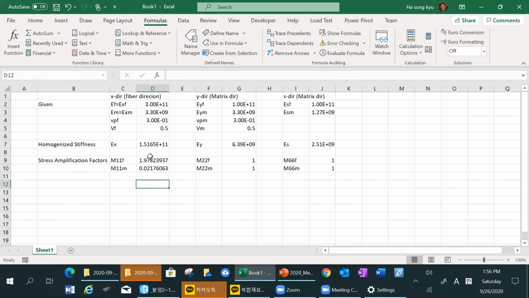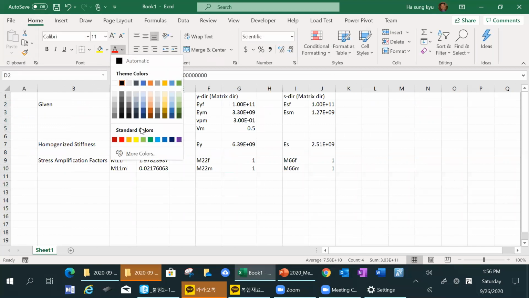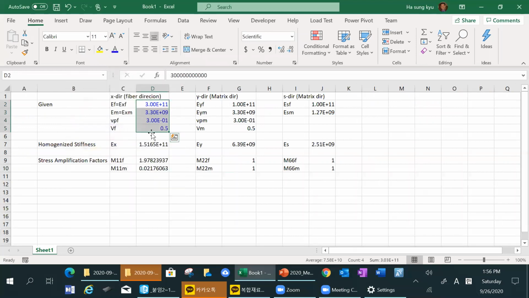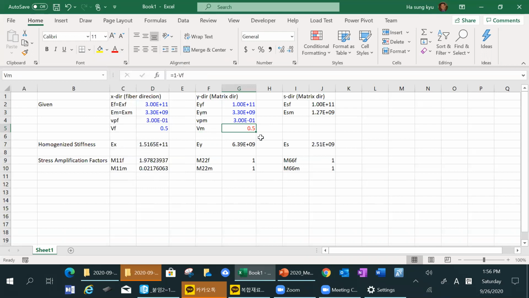Now, the independent variable here is this guy. Independent means the value you need to enter, and for clarity, we always assign the color blue, and this one and that is always the independent value you need to assign. But this one is dependent, and in this case I would enter it in red, ES and EM.